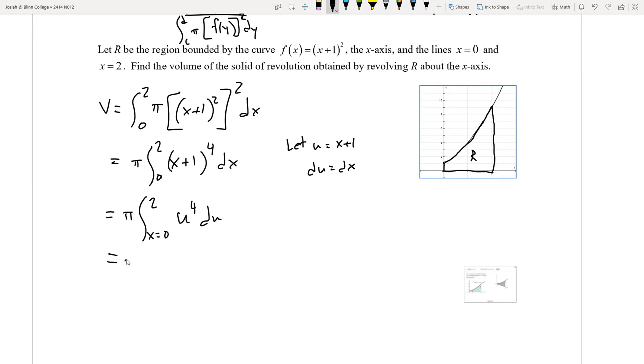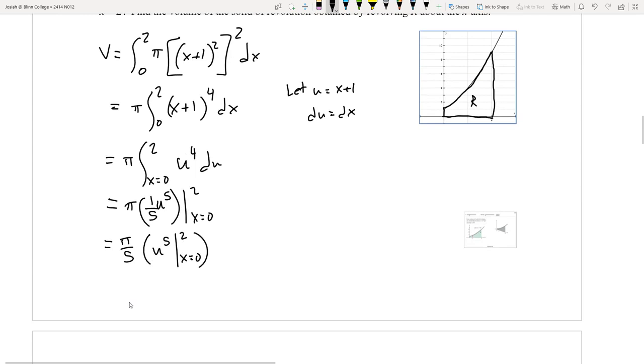All right, so we'll go ahead and use the power rule here. Increase the power by 1, divide by the new power. And we're evaluating this from x equals 0 to 2. We'll go ahead and move the 1/5 out, so we get pi over 5 u to the 5th evaluated from x equals 0 to 2. So we need to replace u with x again.